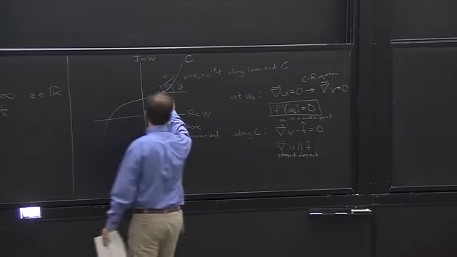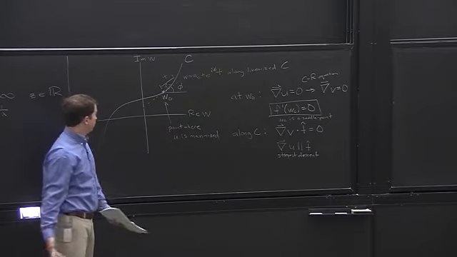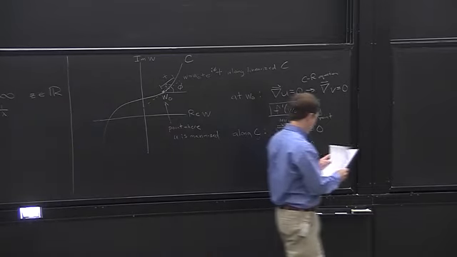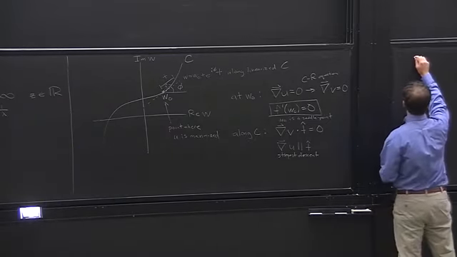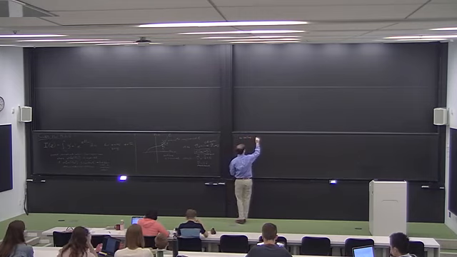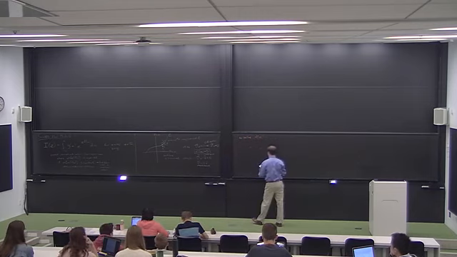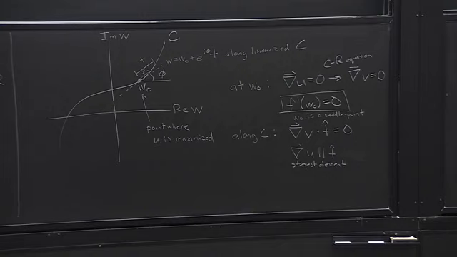We want to approximate our integrand in a small region around w naught. And to do that, as before, what we can do is expand f in a Taylor series near w naught.